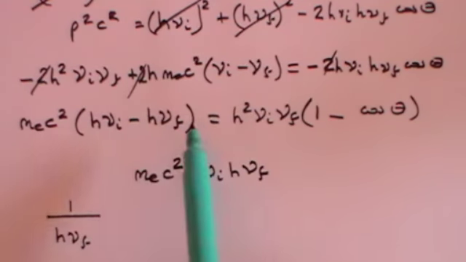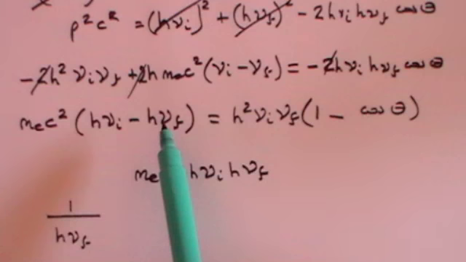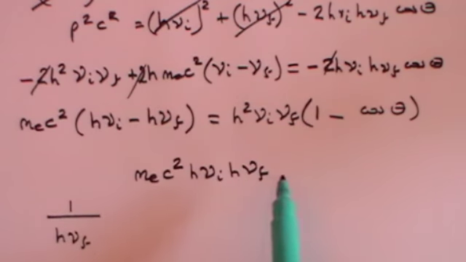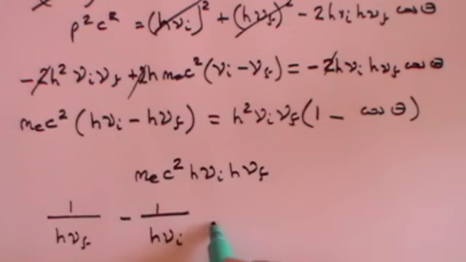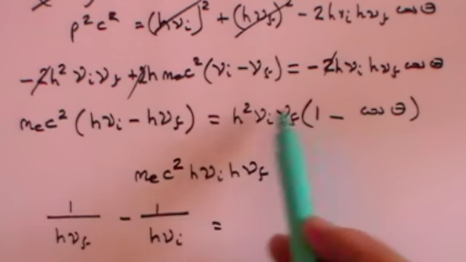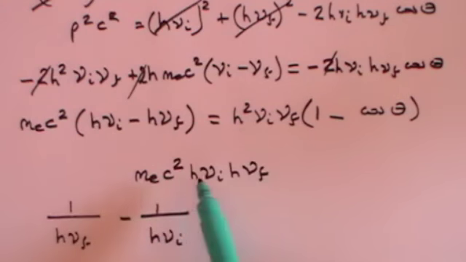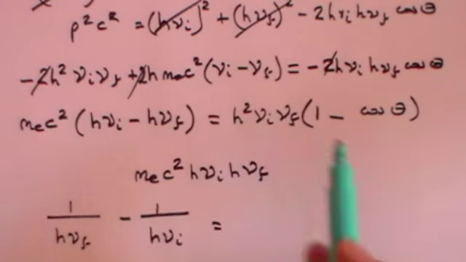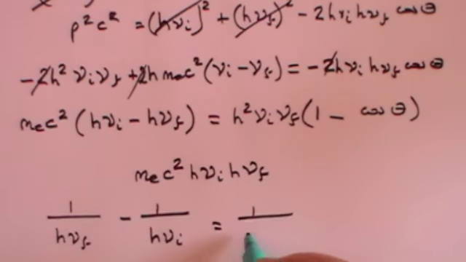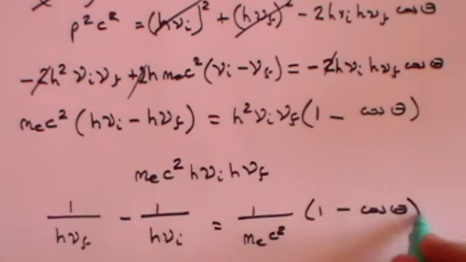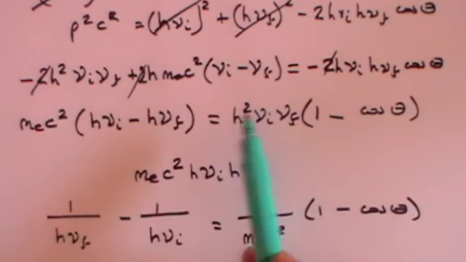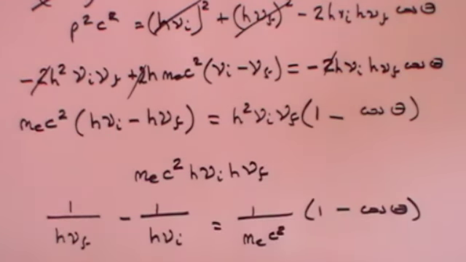When I divide mec squared h nu f by this term, the only thing that's left is a minus 1 over h nu I. When I divide this term by this term, remember this is an h squared here, so h squared nu I nu f cancels that, and I get a 1 over mec squared, all into 1 minus cosine theta. I don't have to divide that by this term because this is a product, so I only need to divide one part of the product.